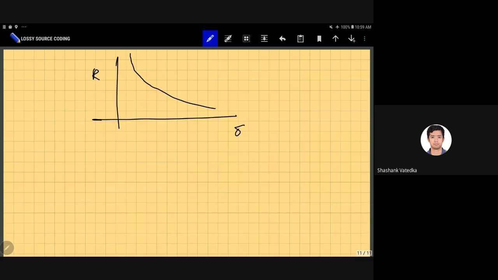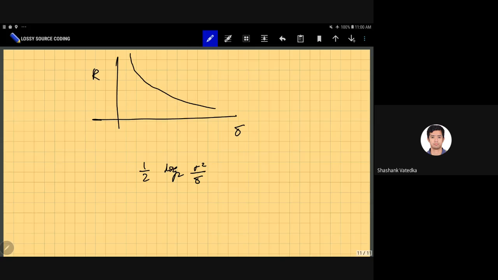So for mean squared error quantization of a Gaussian random variable, or IID Gaussian random vector, the minimum rate of compression is given by half log sigma square divided by delta. So as long as delta is greater than sigma square, you can make the rate equal to zero. Because why? You don't need to transmit anything. The reconstruction algorithm always outputs the zero vector, right?